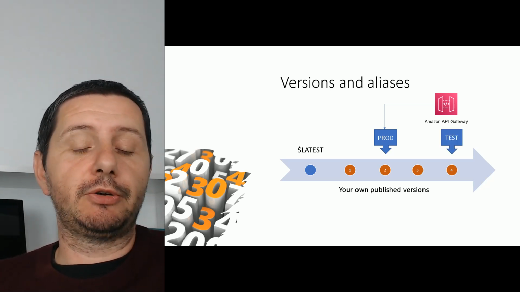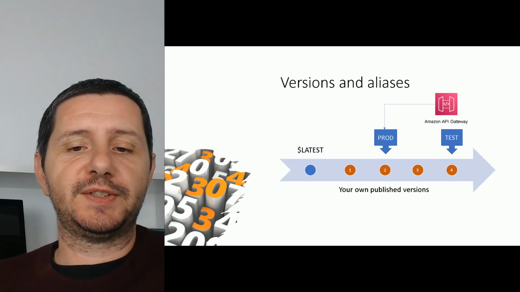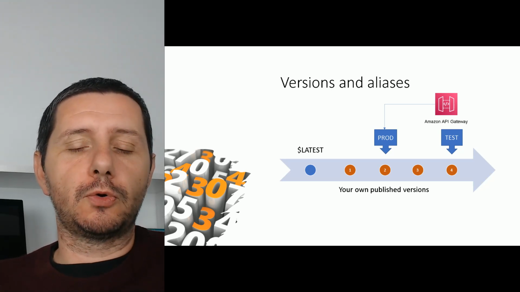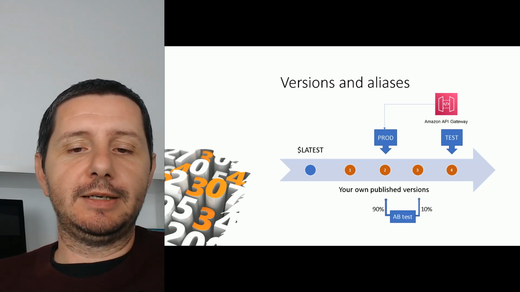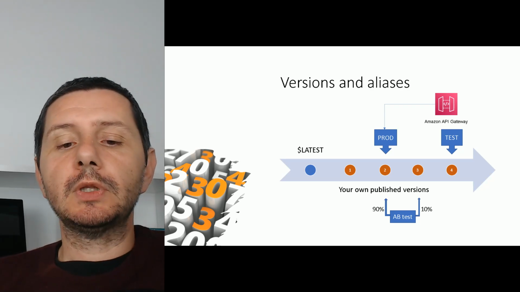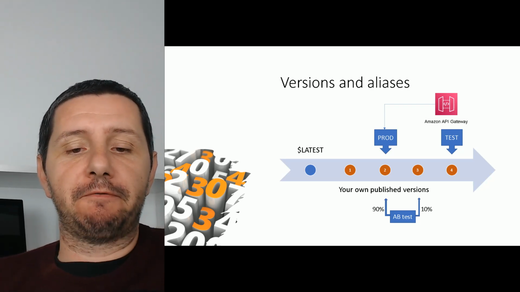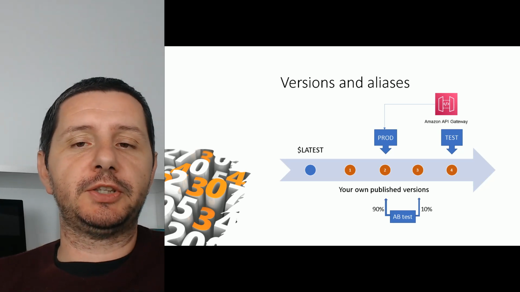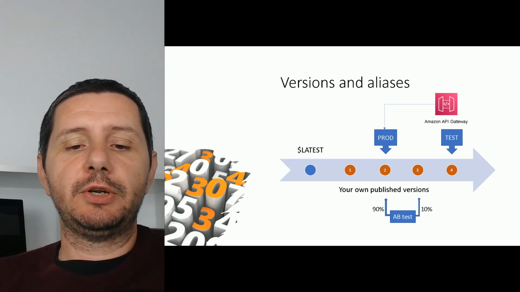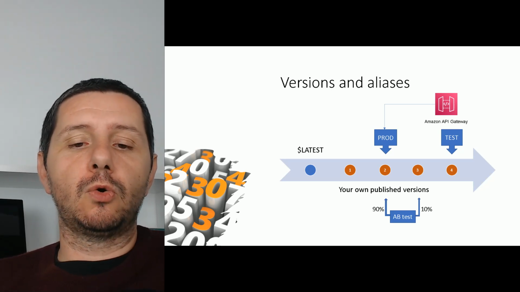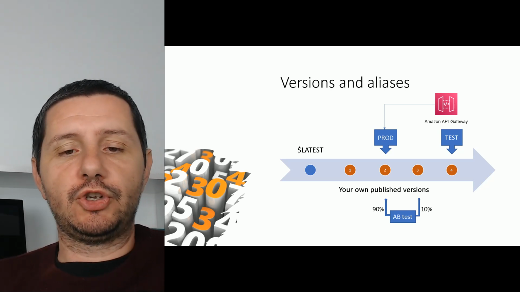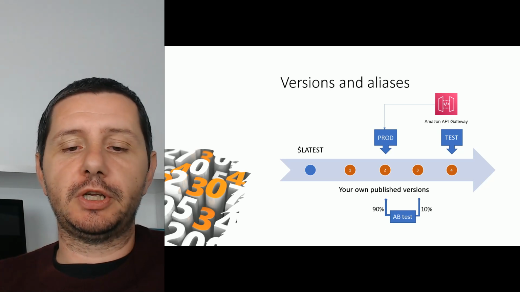Here I created another alias called test, which points to version 4. Or I could even create a so-called weighted alias. The weighted alias will split the traffic according to the percentages that you set. Here I set 90 and 10%. 90% will go to version 2, which happens to be the prod version here.